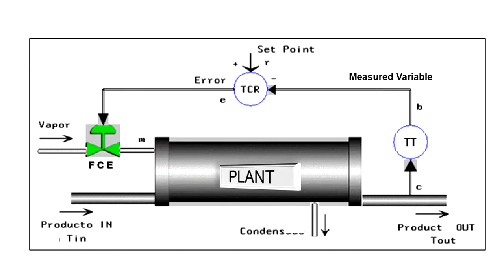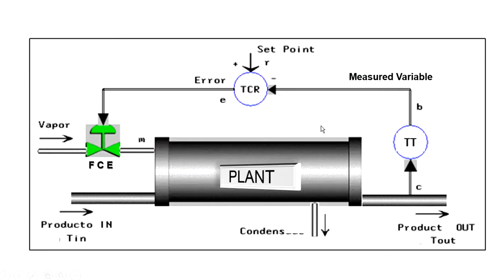In this example, the plant is a heat exchanger. The substance to be heated could be, for example, an oil with an input temperature that is called here T-in. The oil enters the heat exchanger here on the left, is heated inside the plant, and comes out here as product out with a higher temperature, T-out.